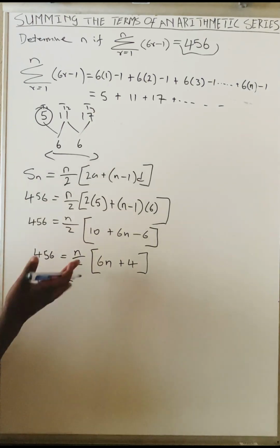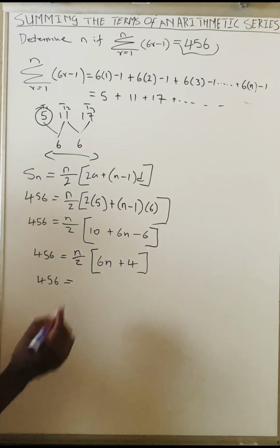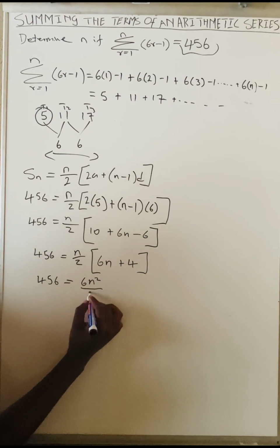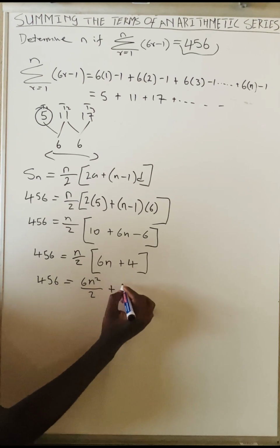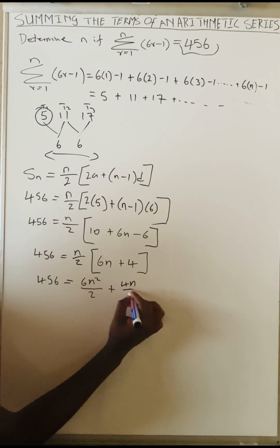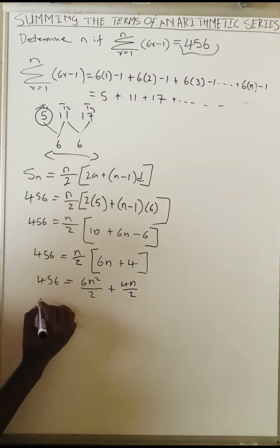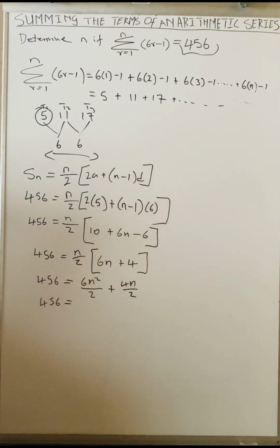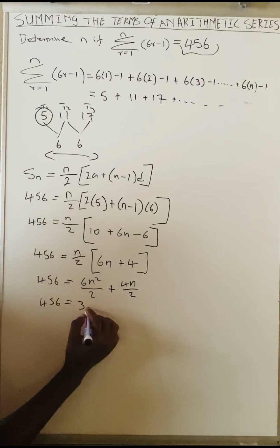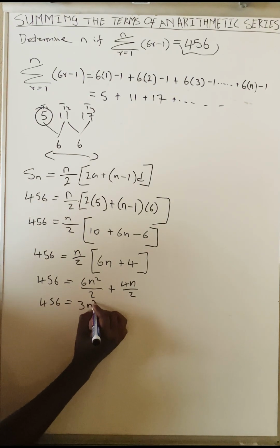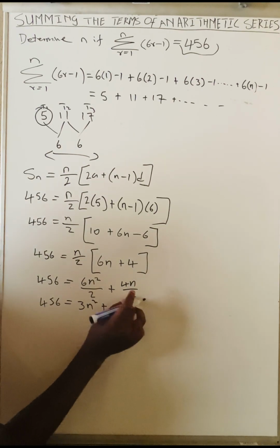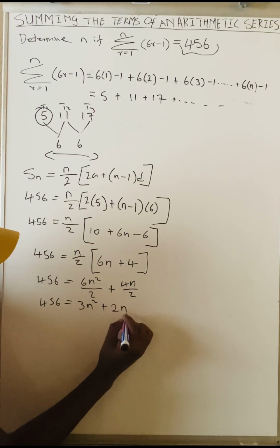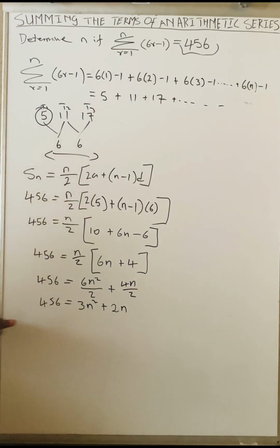456 is equal to 6n squared divided by 2 plus 4n divided by 2. Then 2 into 6 goes 3 times, so you have 3n squared, plus 2 into 4 goes 2 times, so 2n.